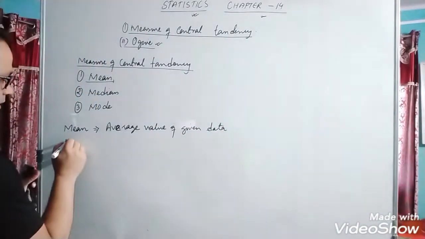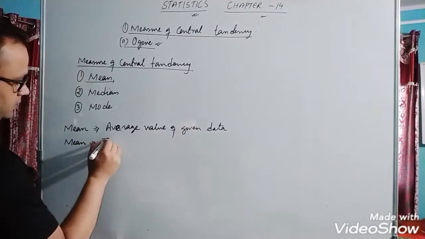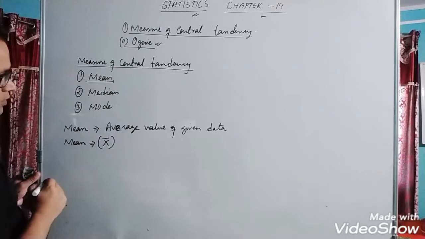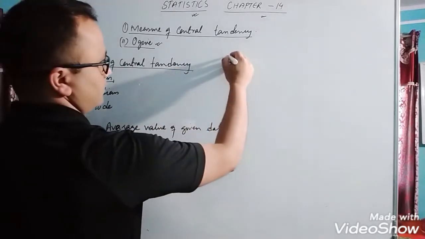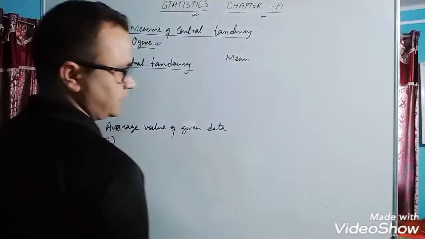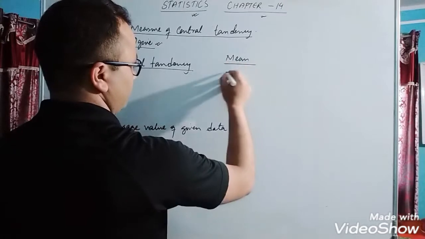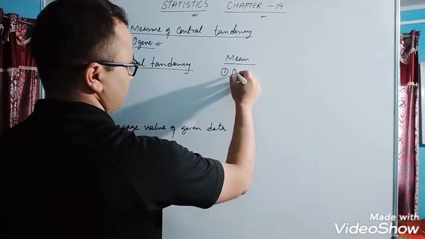Mean is represented by x bar. Mean can be calculated by 3 methods. Number 1 is direct method.